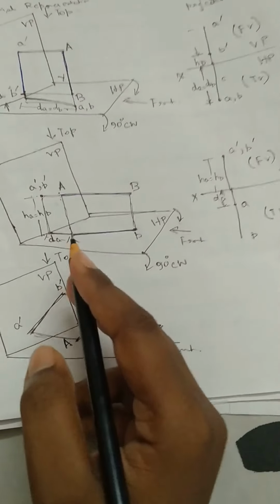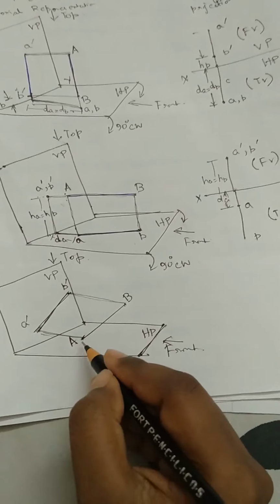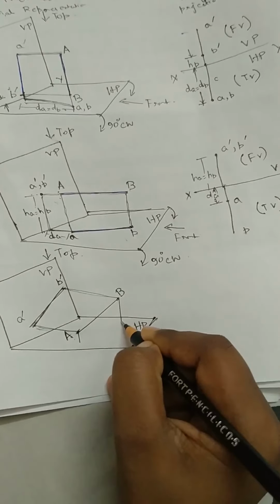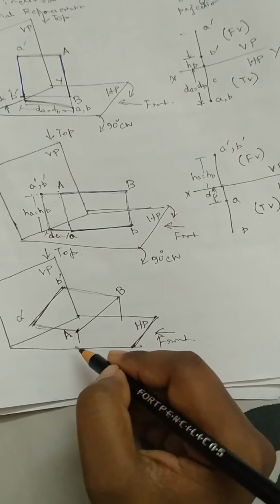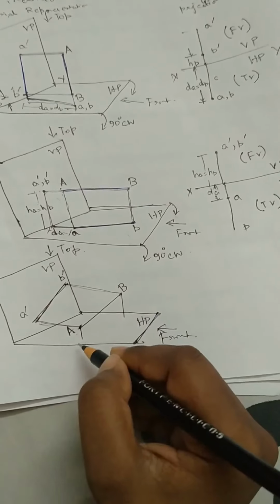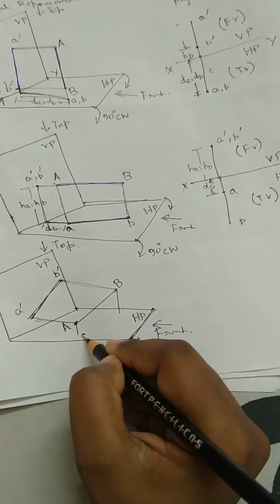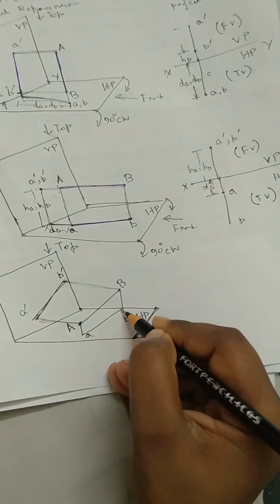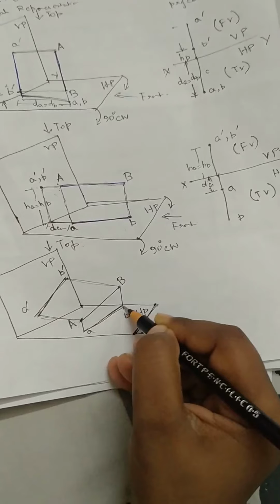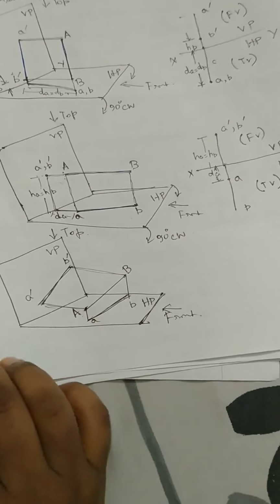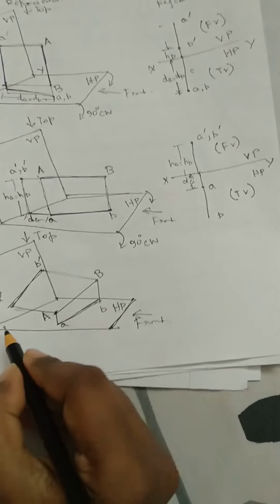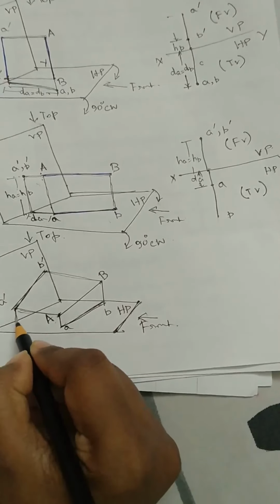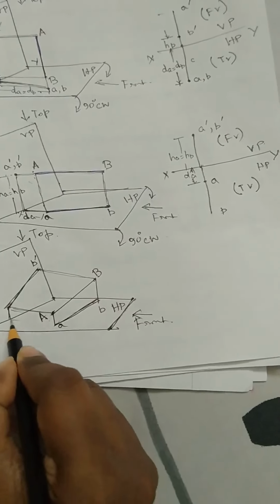And again from top, if we are seeing, and we are going to extend this AB point, where it will intersect our HP, this is A and this is B. So again, this is also our true length, AB. So now for plotting 2D, we need to get this length and this length.